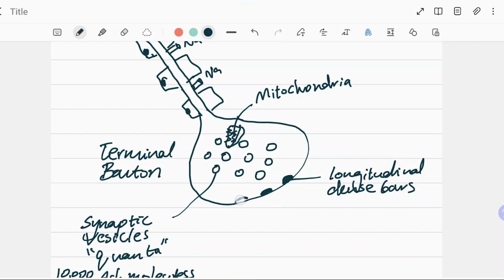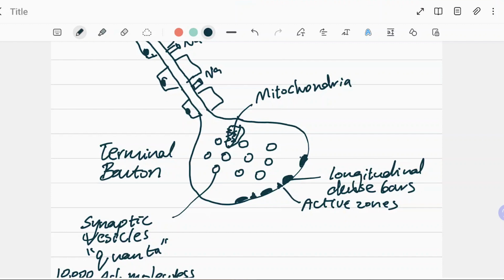They are these dark structures that I'm drawing here. They extend longitudinally, but because we've made a section of your nerve, we are not seeing that here. Just know that next to these longitudinal dense bars are the active zones, where certain structures exist.